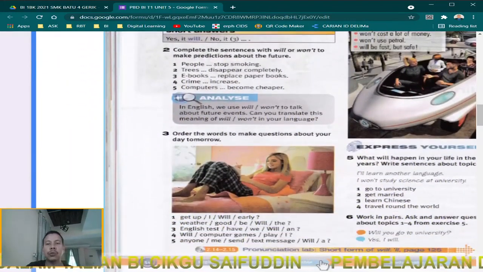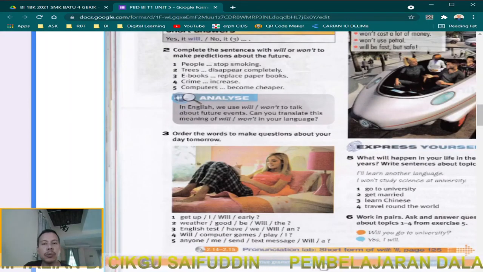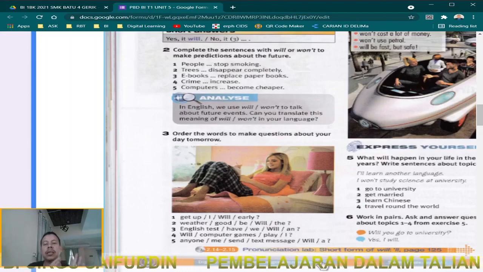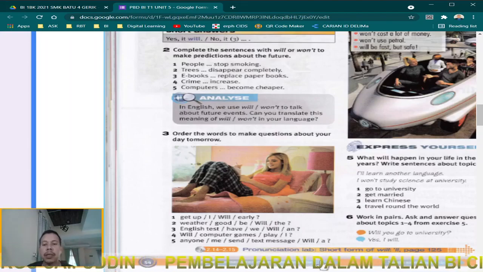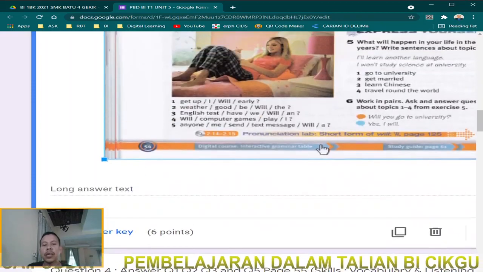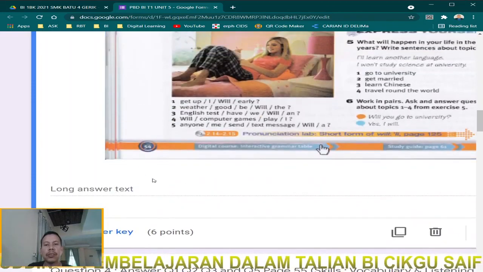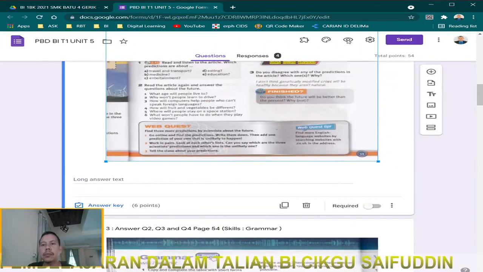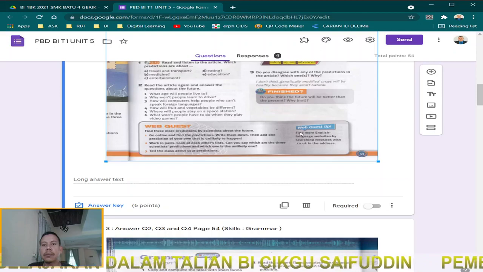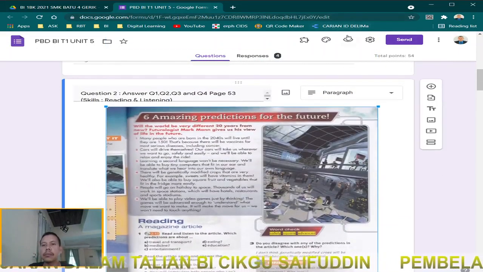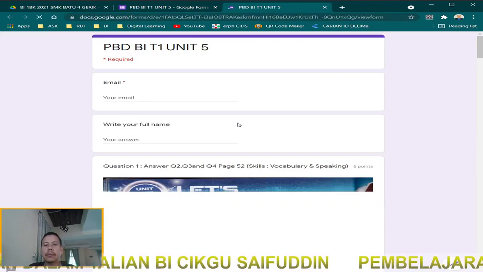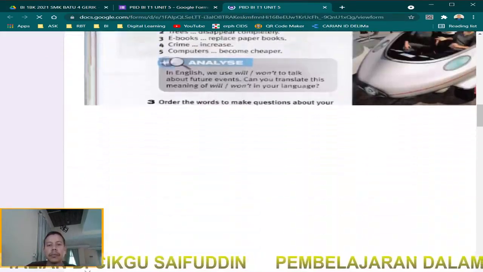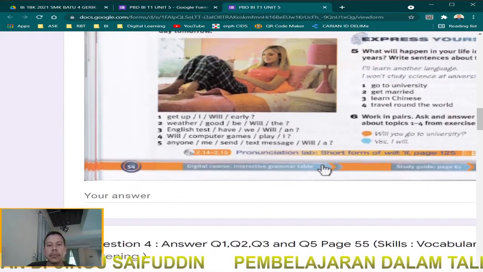So let's look at question 2. People stop smoking. So you can give your own answer. Adakah manusia akan berhenti merokok pada masa hadapan? If you think so, then you can answer accordingly.